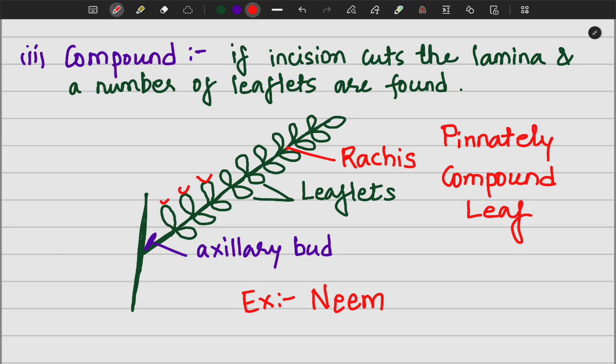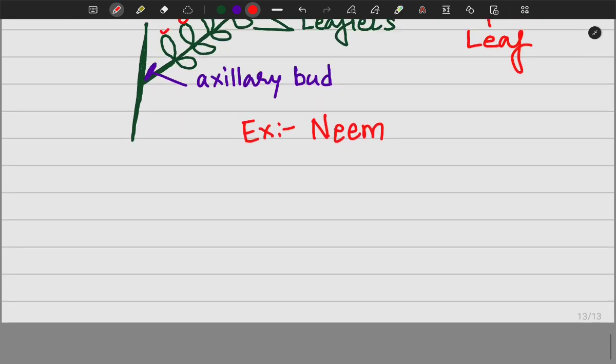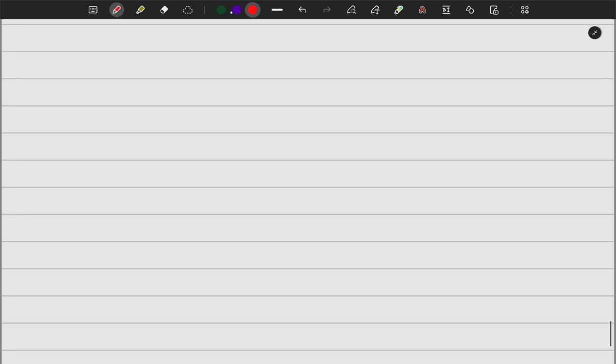Now let us look at the other type of compound leaf, which is the palmately compound leaf. So what happens in the palmately compound leaf? Let me write here first: palmately compound leaf.